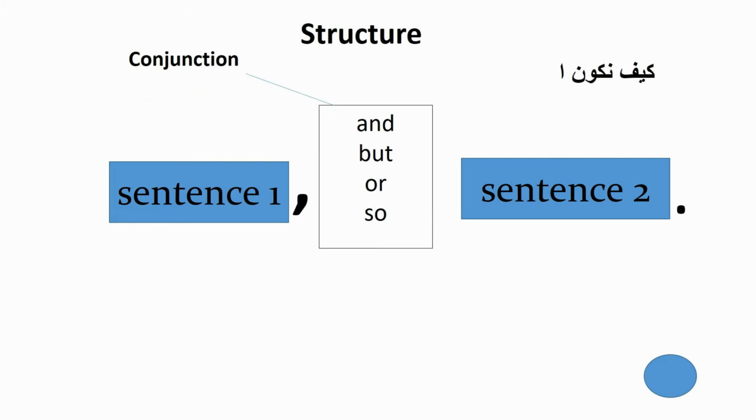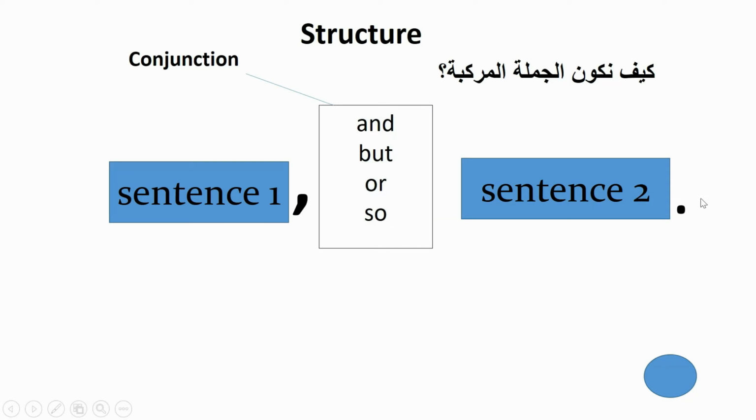How can we form a compound sentence? Well, we have originally two sentences, one simple sentence and another simple sentence. We join them together by using a conjunction: and, but, or, so.